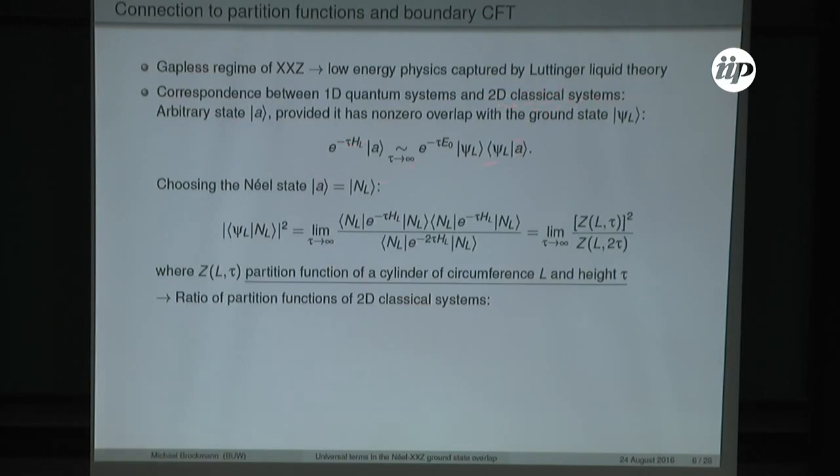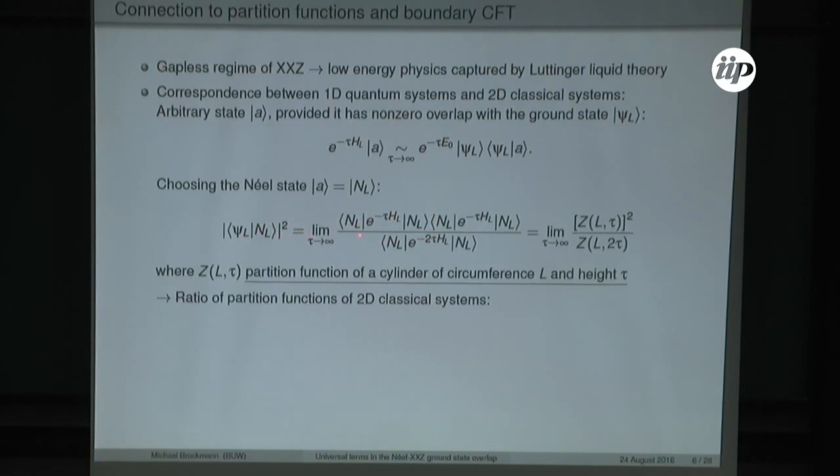For a state, say an arbitrary state A, which has a non-zero overlap with the ground state, the operator e to the minus tau H acts in the limit tau to infinity as a projector onto the ground state. This is written here. And then if you just choose A as a Néel state, you can use this equation to derive this first equation here.